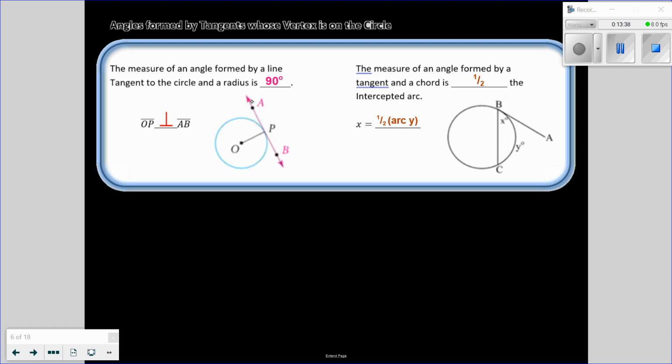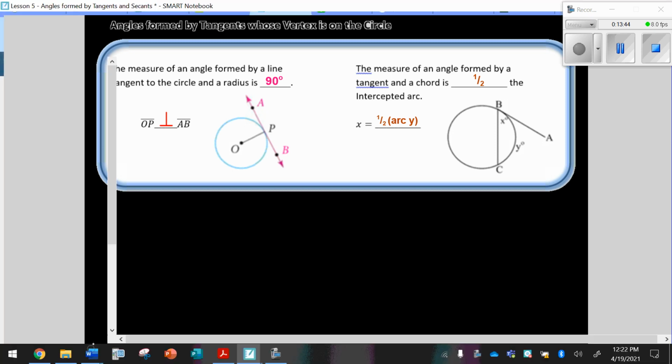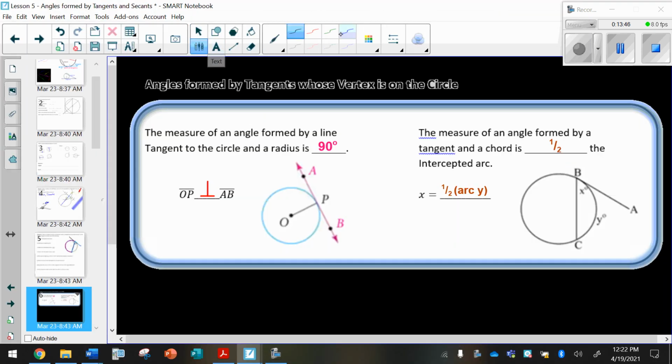We know that when a tangent line meets a radius, it's a 90-degree angle. Technically, it's the same rule. If I extend this radius to make a diameter, that 90-degree angle is half of a 180-degree arc.